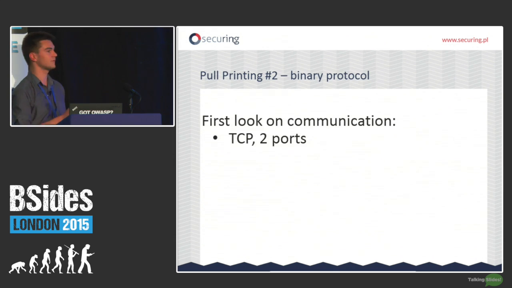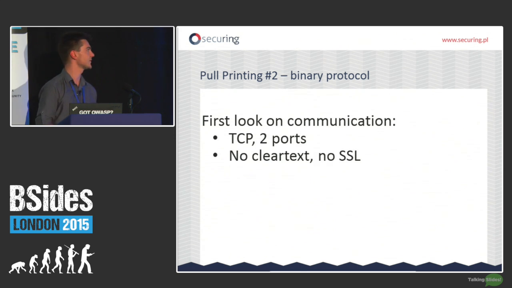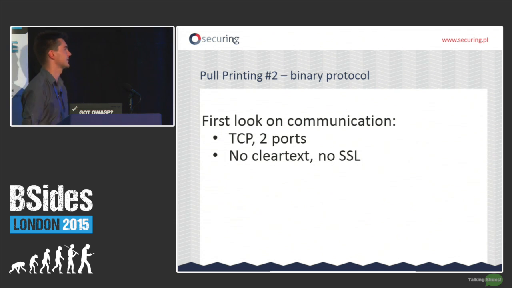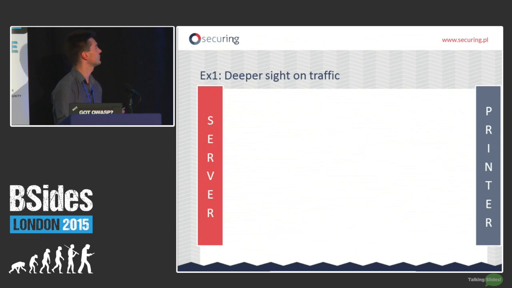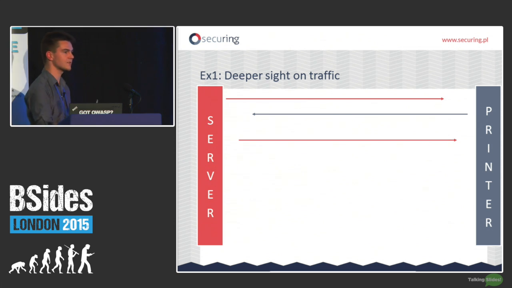OK, so the first look at the communication: the whole communication was on 2 TCP ports. There was no SSL, for example Wireshark did not recognize it as SSL, but it seemed to follow some scheme, and I would like to show you this scheme. This is a quantitative analysis of the traffic from the print server to the printer.